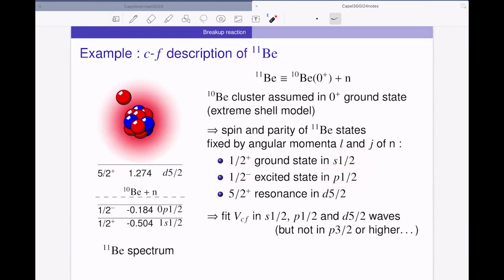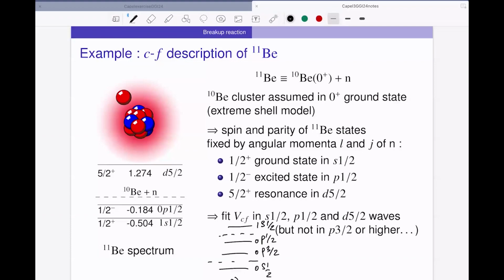Note here that there is a shell inversion. So if you look at the extreme shell model of the system, so if you just look at the neutron in the beryllium-11, so you start with the 0s1/2, then the next one is the 0p3/2 shell, and then the normal ordering gives you the 0p1/2, and then you have eventually the shell closure here, the 1s1/2.